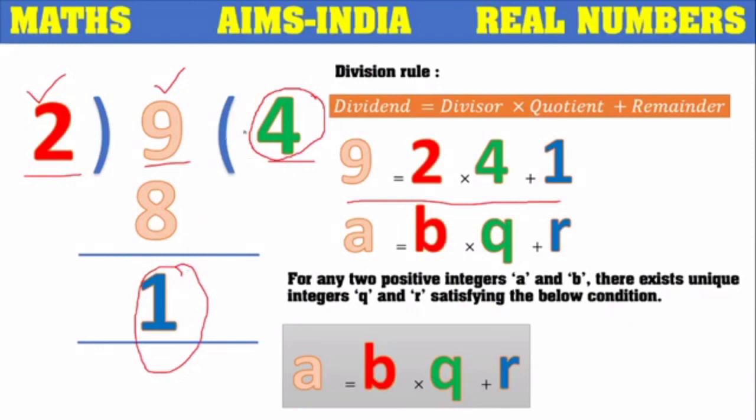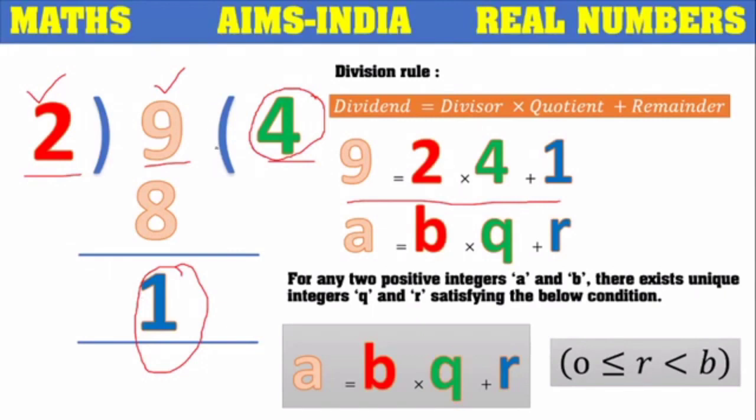There exists one and only one pair, 4 and 1, based on the condition a equals b into q plus r. But one thing we have to keep in mind: whatever remainder we are getting is always less than the divisor. Here we can observe 1 is less than 2.